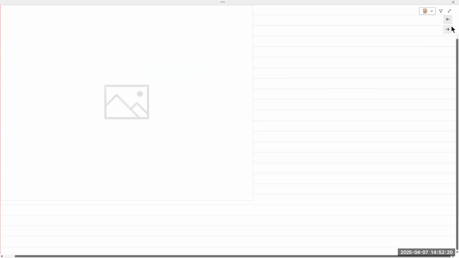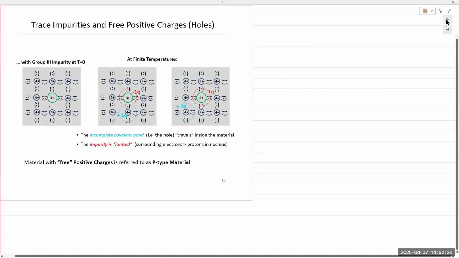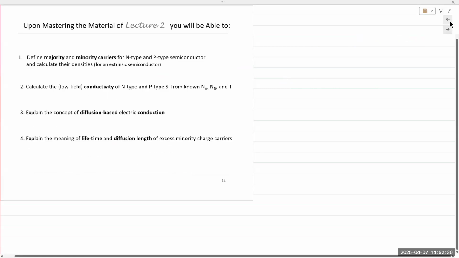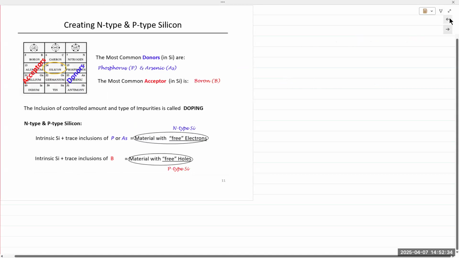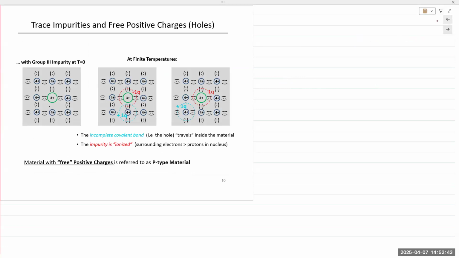So let's look at what happens when you have column 3 elements. So you have a column 3 element implanted in there. Three of the electrons in the outermost orbit will bond with three of the other silicon atoms.